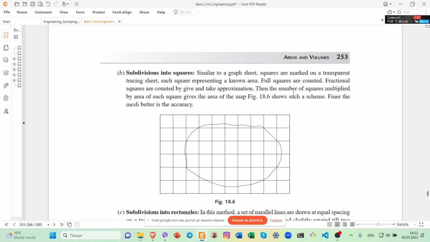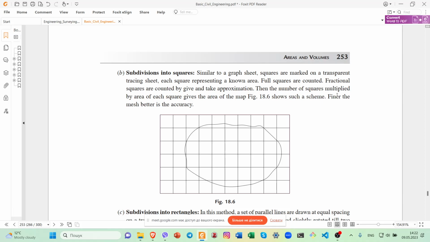Subdivision into squares. Similar to graph sheet, squares are marked on a transparent tracing sheet. Each square represents a known area, for example, 1 hectare or 10 square meters or 1 square meter. Full squares are counted.